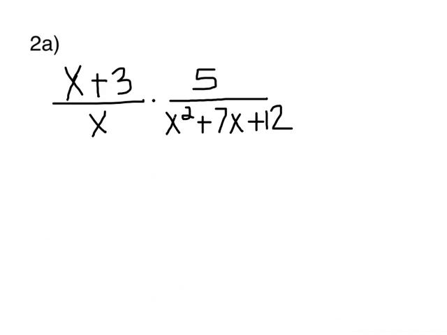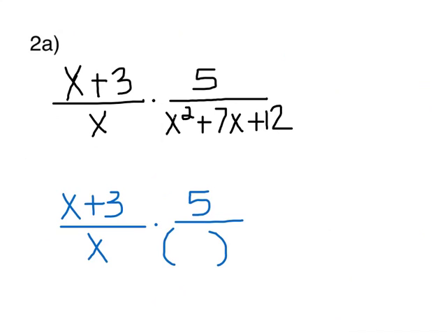Example 2a will be done the exact same way as example 2. We'll factor each part of our numerator and denominator. So we have x plus 3 over x times 5 over, now x squared plus 7x plus 12 will factor into 2 binomials.